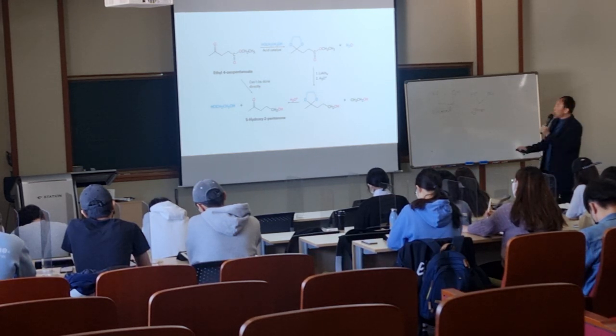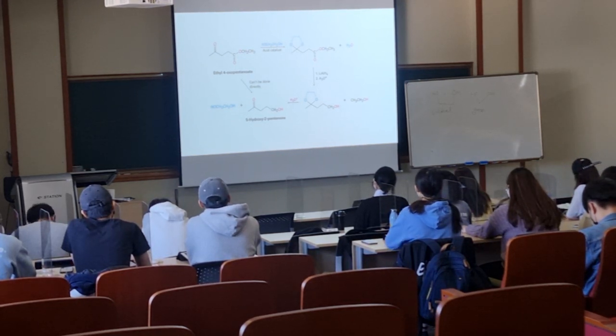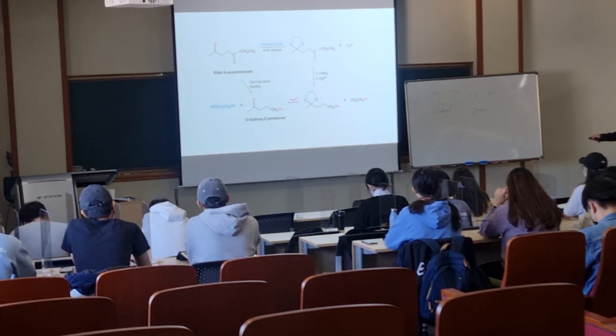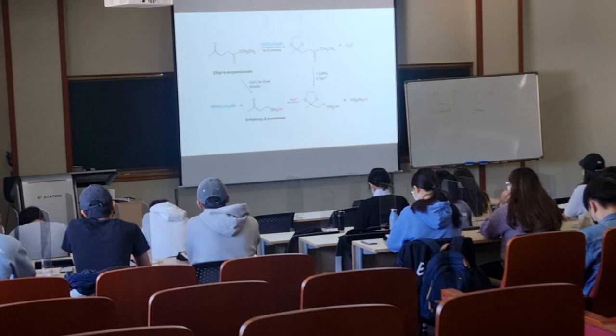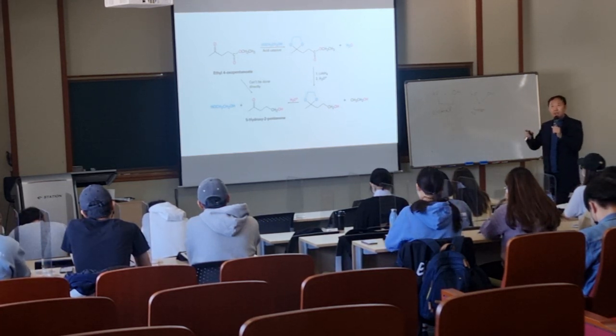Then this position is not electrophilic anymore. Now you can add a strong hydride reagent. That hydride reagent can attack this ester position and reduce it. And later you can deprotect this. Again, acid condition with water, because this reaction is an equilibrium reaction competing between alcohol and water.